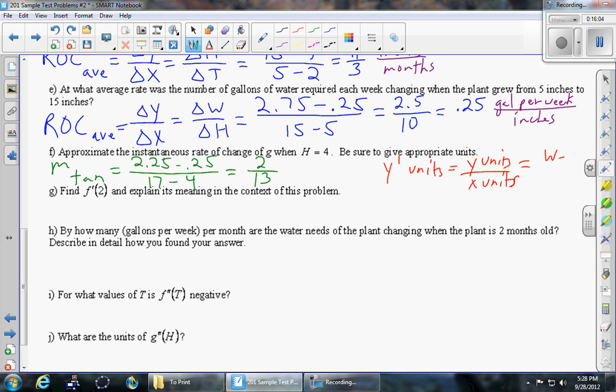We have w and h, so that's where those numbers go. So let's bring that back to our unit description. So the W units are gallons per week. And the H units are inches.